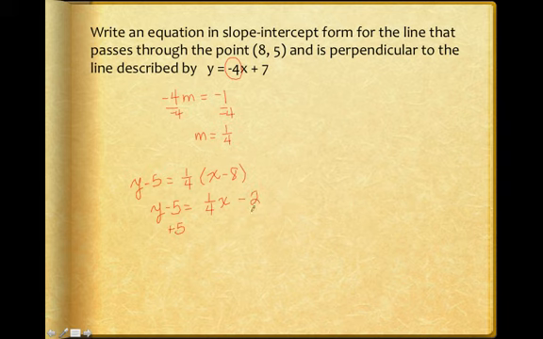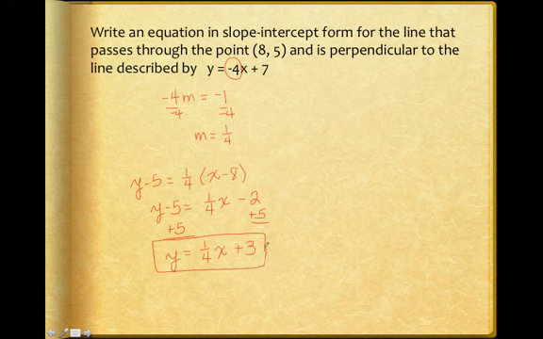Add 5. And I have y equals 1/4 x plus 3. And this line will in fact be perpendicular to this line, -4x plus 7. And I know that because the product of their slopes is -1.